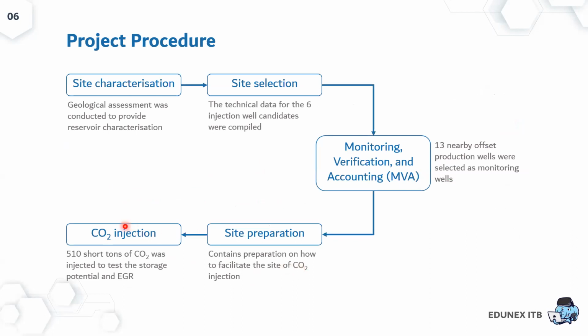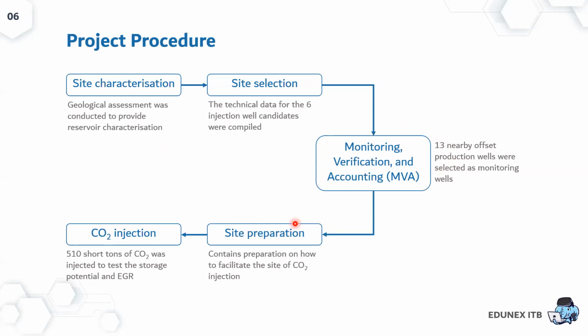Okay, move on to the next slide. Here, I will explain the project procedure of this study. We have to do site characterization first by conducting a geological assessment so that we can select the injection well to ensure the good storage potential of carbon dioxide within the target formation. And the next procedure is MVA, or monitoring, verification, and accounting, where there are 13 nearby offset production wells that were selected as monitoring wells.